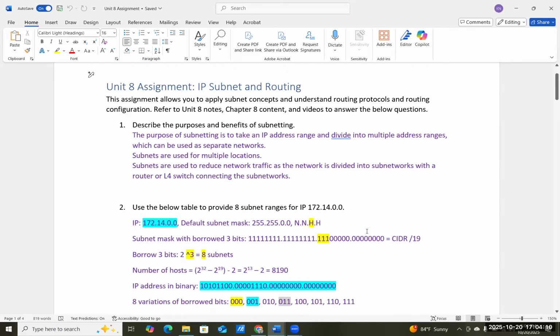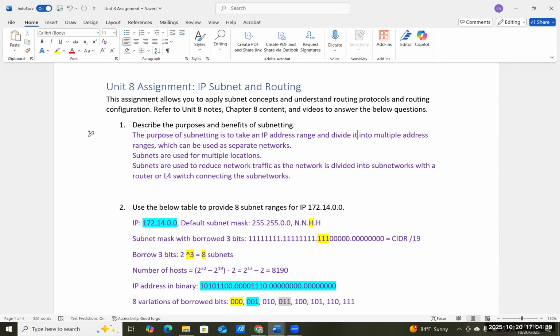So the first question asks you to describe the purpose and the benefits of subnetting. We can say that we can take an IP address range and we can divide it into multiple address ranges. So we can start with one set of IP addresses, and expand it to multiple groups of IP addresses.